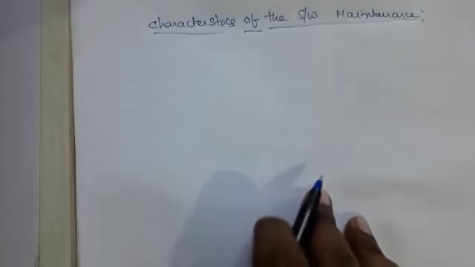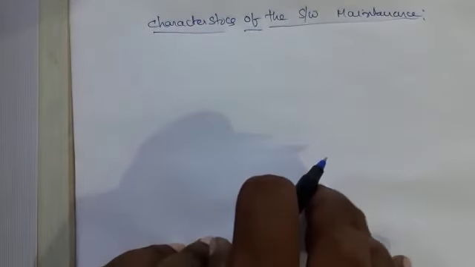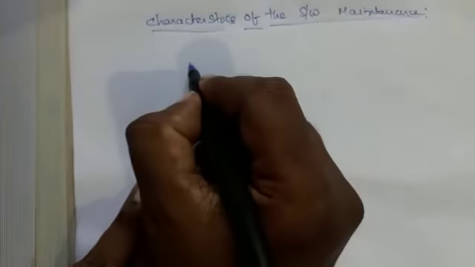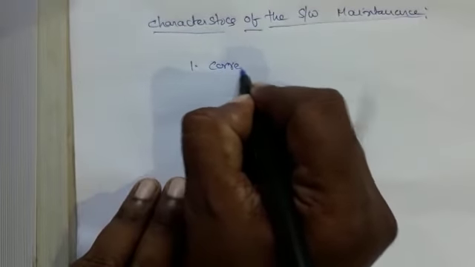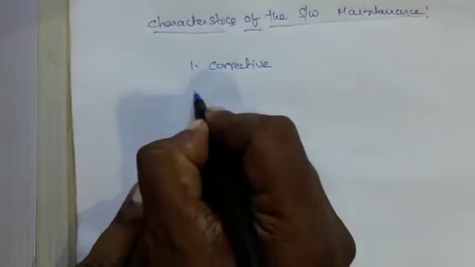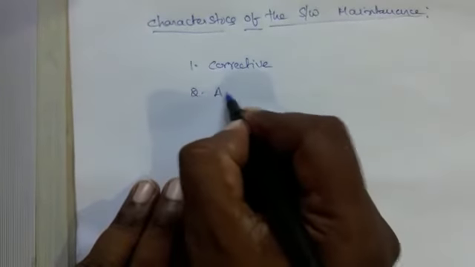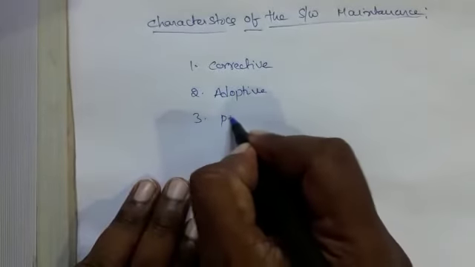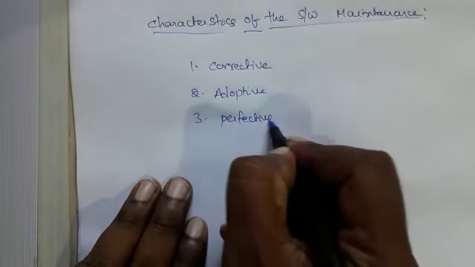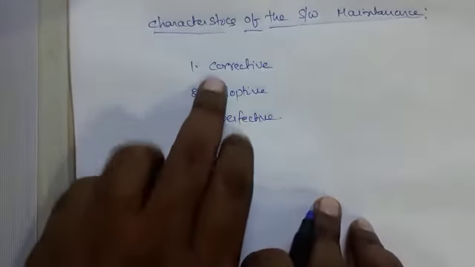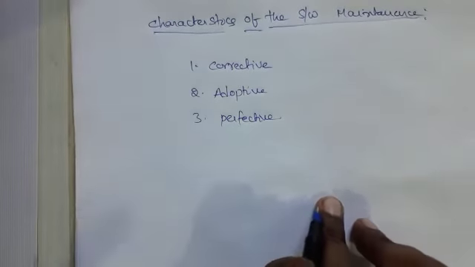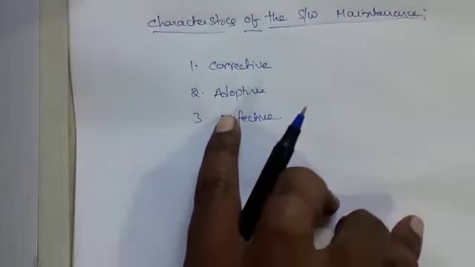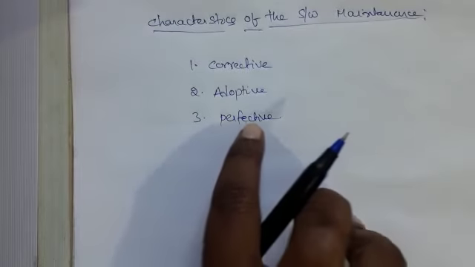There are three important characteristics of software maintenance. First one is corrective, second one is adaptive, and third one is perfective.